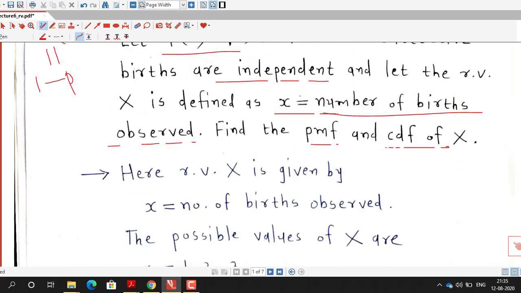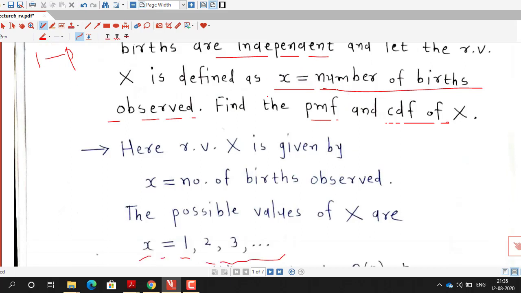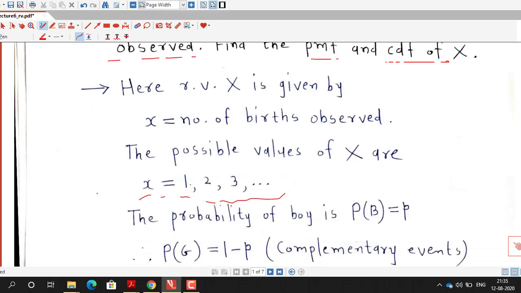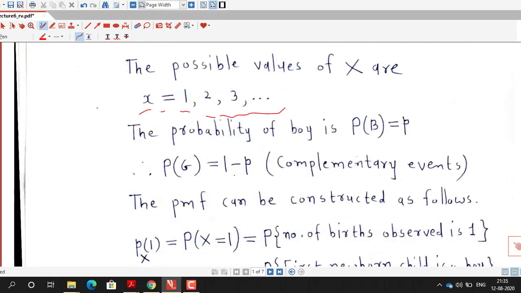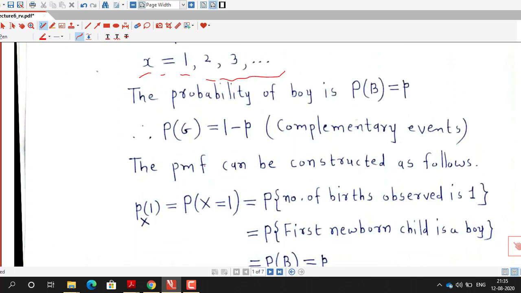Now we are interested in the probability mass function of this random variable, the number of births observed. By the definition, we find the value of the probability mass function at x equal to 1.